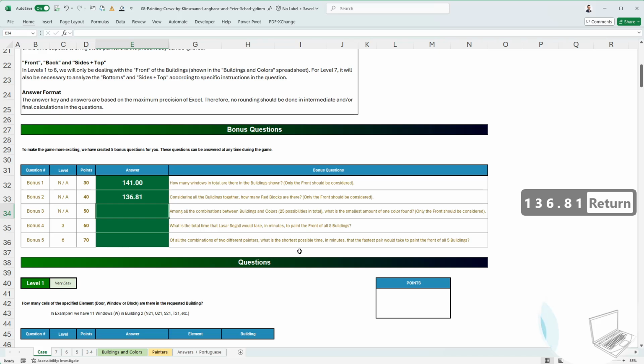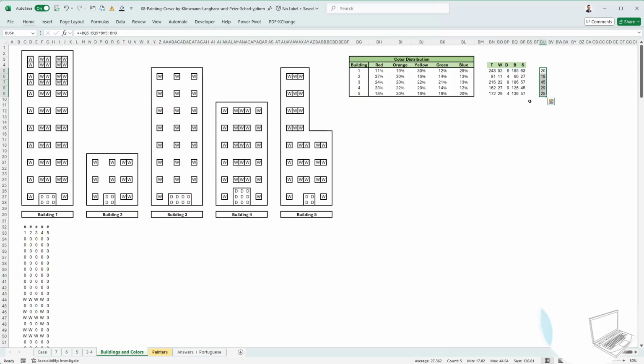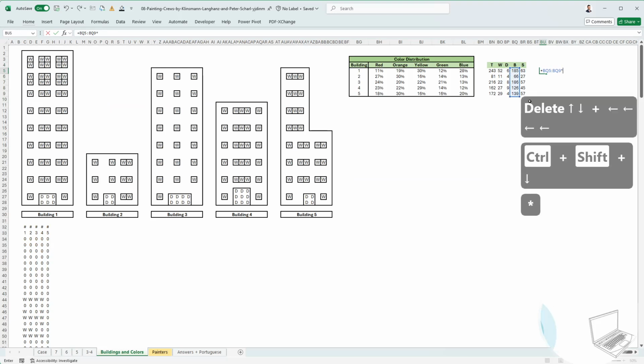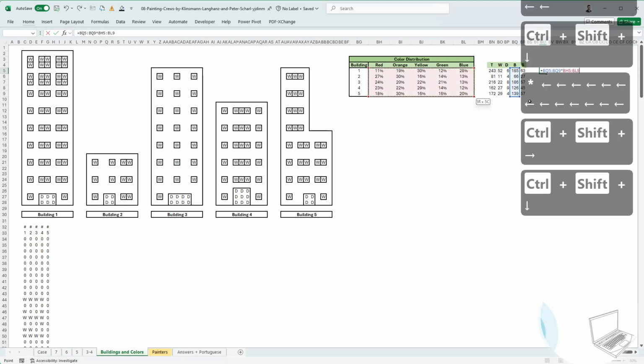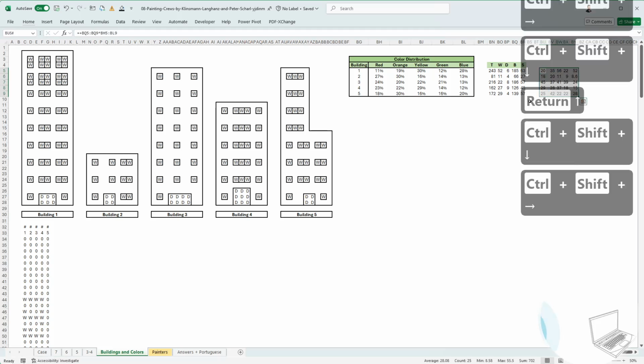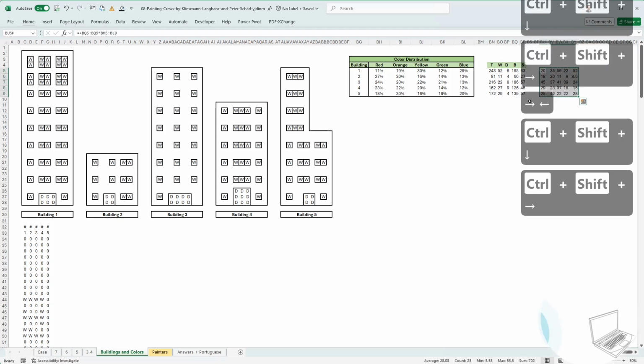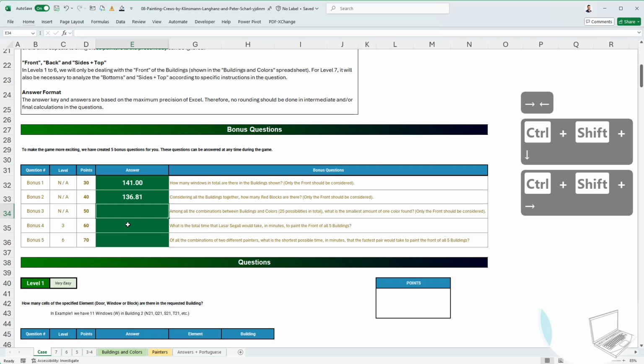Among all the combinations between buildings and colors, what is the smallest amount of one color found? 8.58.